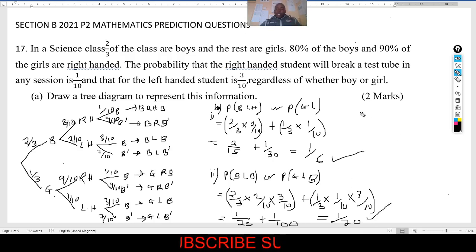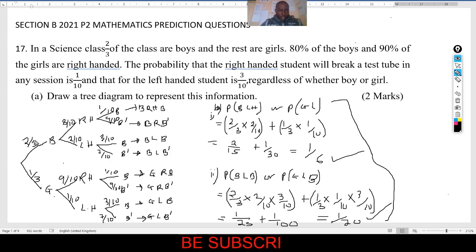Now there is part 3. Roman 3 is asking that a test tube is broken by a right-handed student. So it is the probability of a boy right-handed student breaking, or a girl right-handed breaking. So it is this or this one.